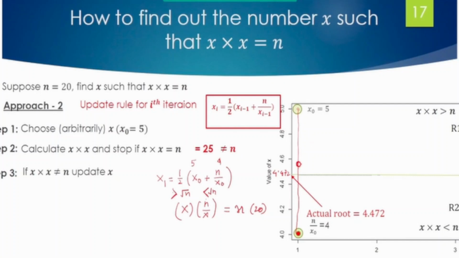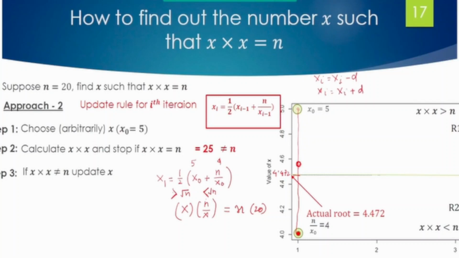So therefore this new point is more close to this actual root, right? So that means our mathematical philosophy is still intact. Now in approach 1 we have seen every time we update using this formula, xi equals xi minus d or xi equals xi plus d.